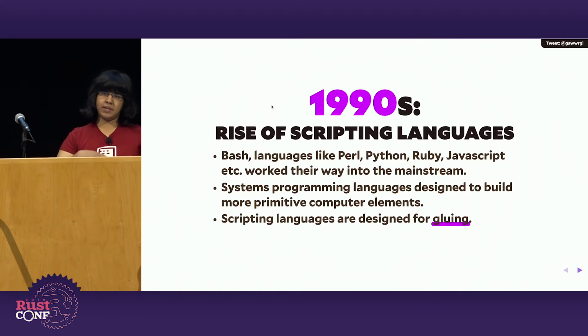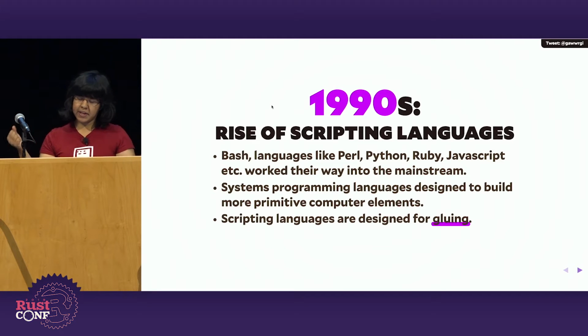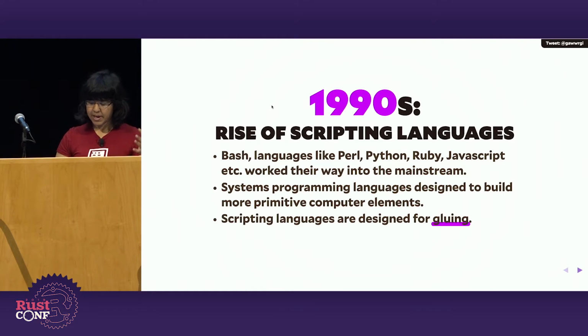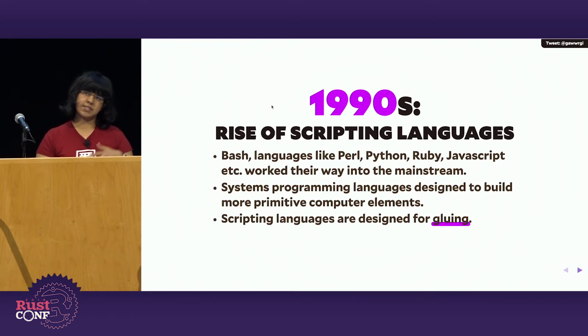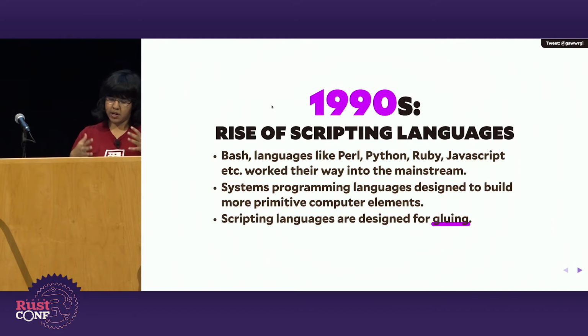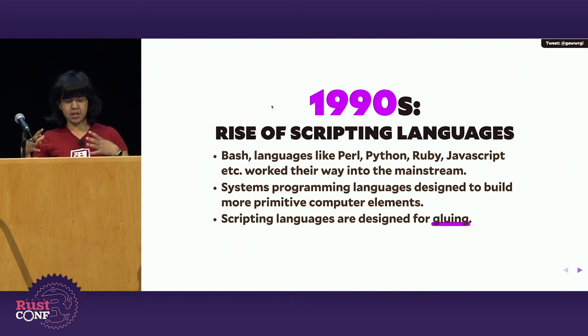You can separate scripting languages and systems languages technically on the axis of type safety, versus if you were to separate them on the basis of design, you can say that systems programming languages are designed to build more complicated software, versus scripting languages are designed to glue those components together.